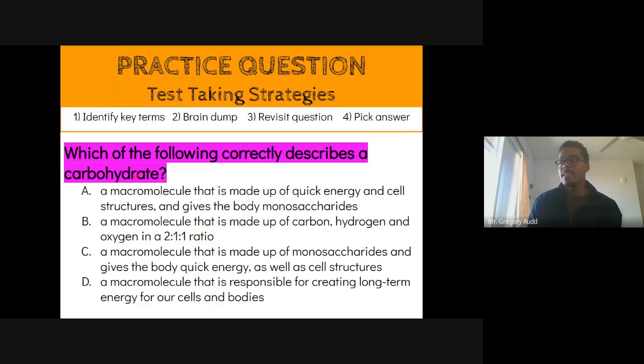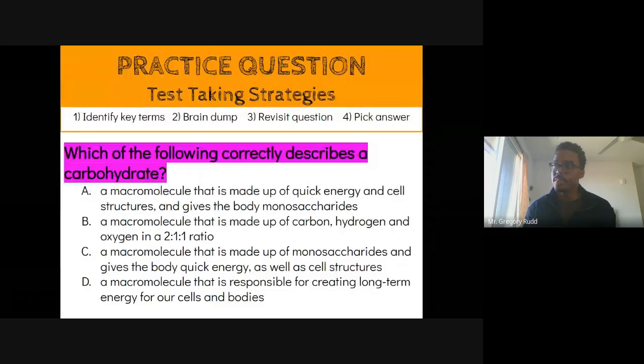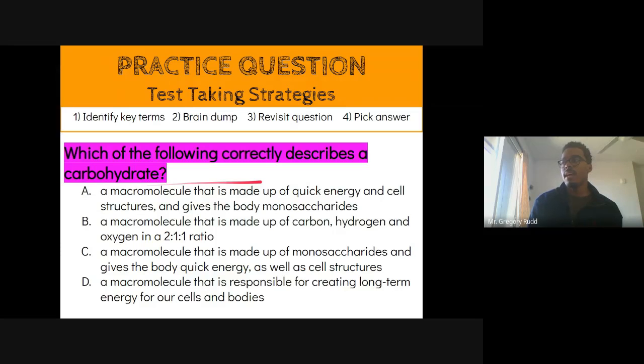Answer choice A says a macromolecule that is made up of quick energy and cell structures and gives the body monosaccharides. I see some terms there that appear in my brain dump. I see quick energy, I see cell structure, I even see monosaccharide, which is something that I didn't write in my brain dump, but it is a related term.